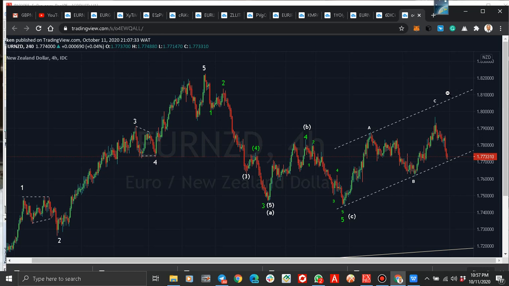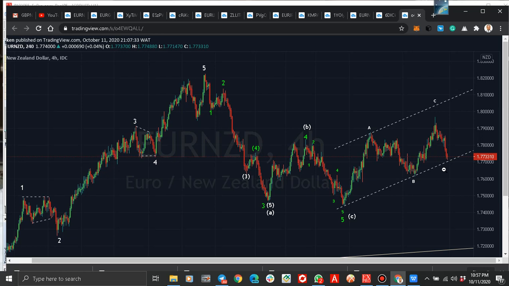It will simply mean that either this one here is 1, this one is 2, then 3 is going up, or we may have W, X, Y, X, Z, then downwards continues, or this is wave B. Sometimes wave B can linger.